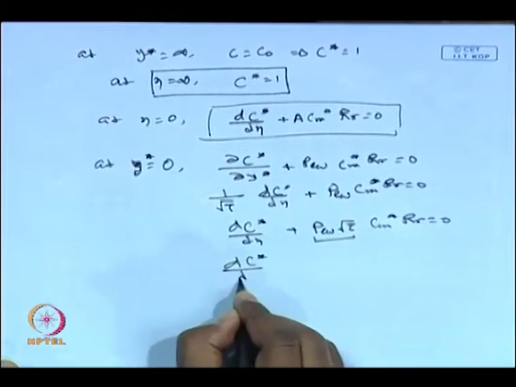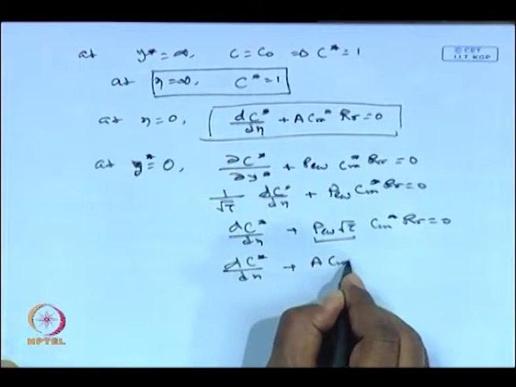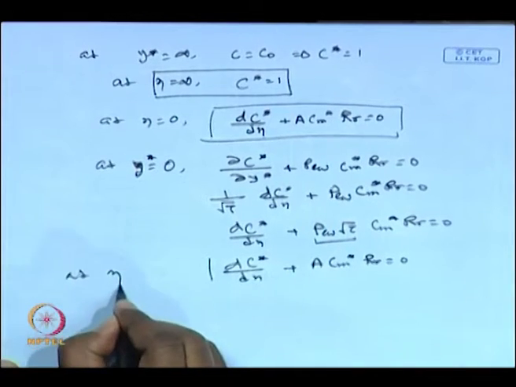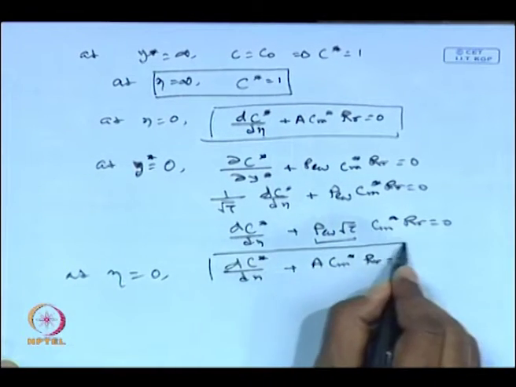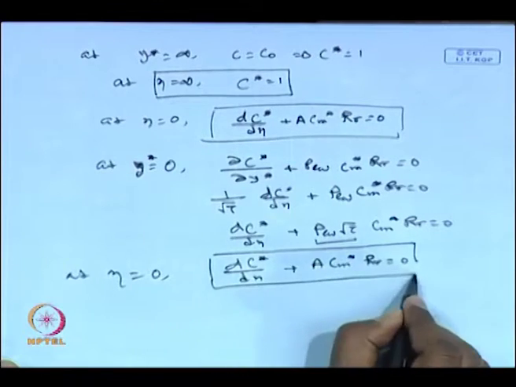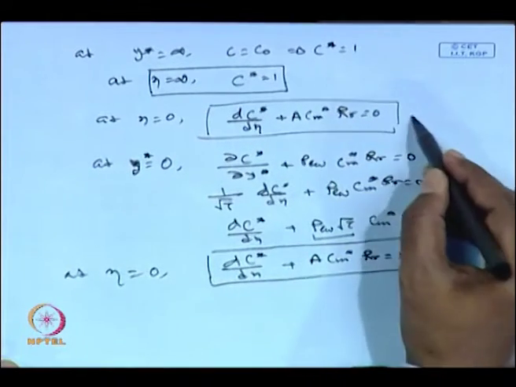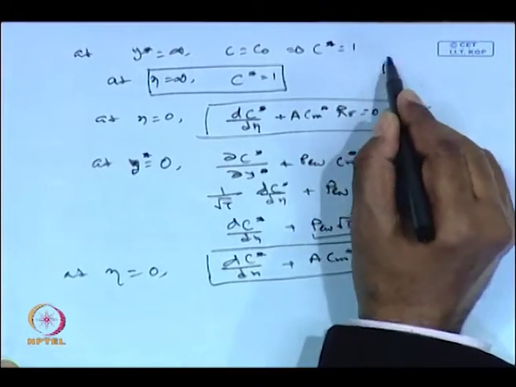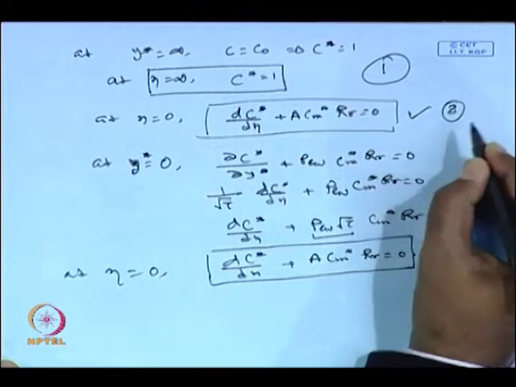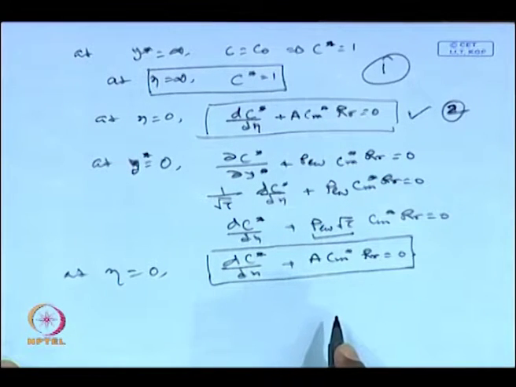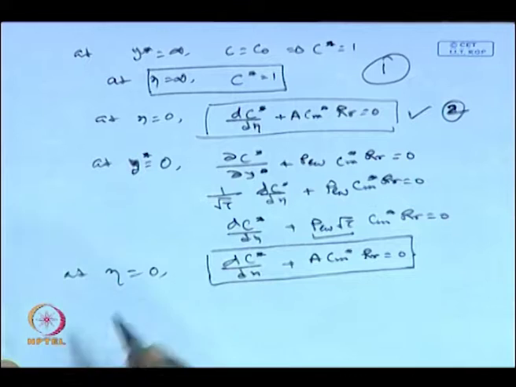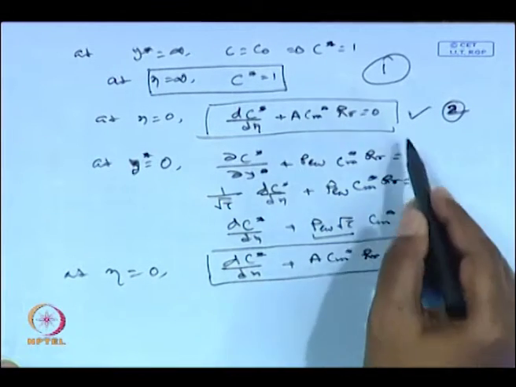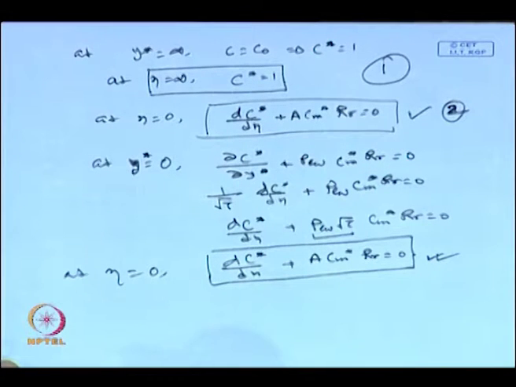So we get this expression, which is the boundary condition at eta equal to 0, since y star equal to 0 means eta equal to 0. That is how you obtain this boundary condition in terms of eta. These two boundary conditions, number 1 and number 2, define the solution of the governing equation that we have expressed earlier in terms of eta. So this gives the derivation of how you obtain the boundary condition at eta equal to 0.